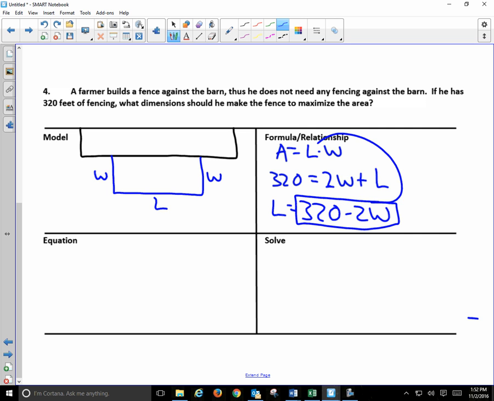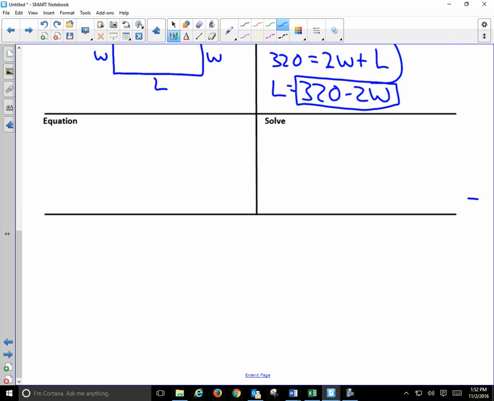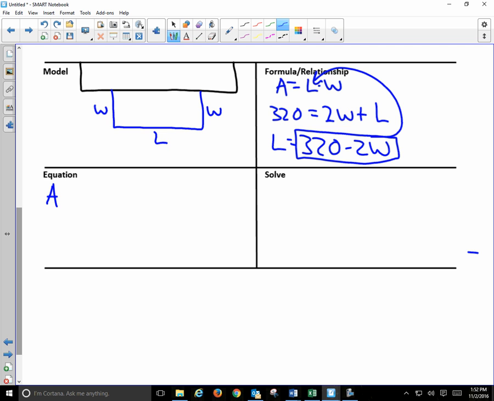Okay, I see A, that's fine, but I want it to be A of W. Thank you. I want to be very specific that I want function notation. Why? Because everybody always wonders when they get their answer, what does the answer represent? Well, if your x variable was W, then it's width. I mean, this is the language that we're using. It's important. Equals what?